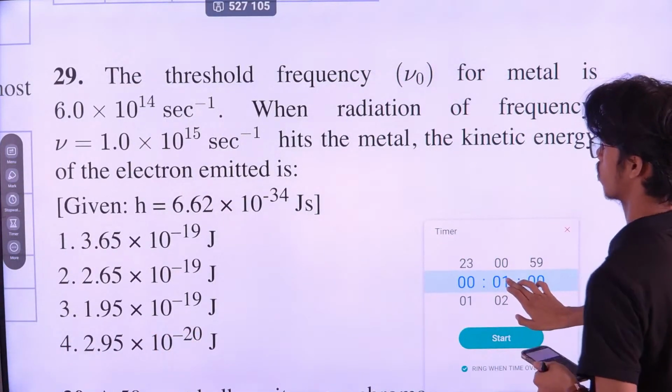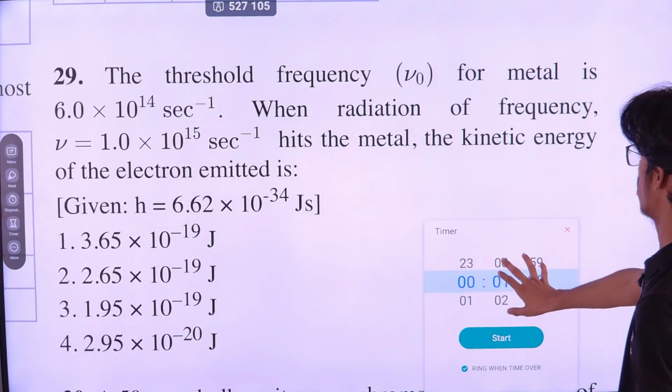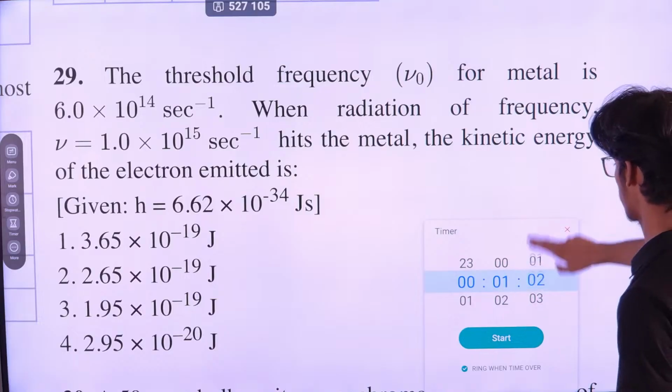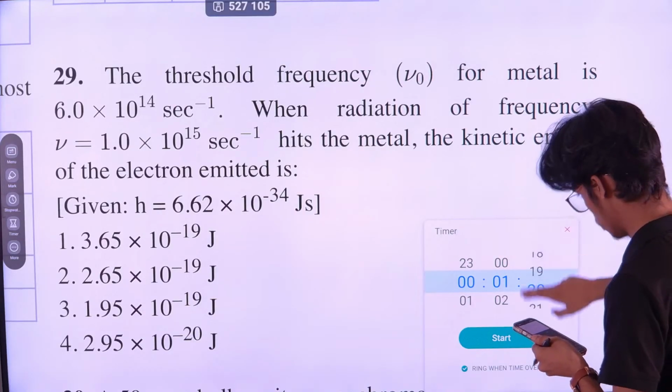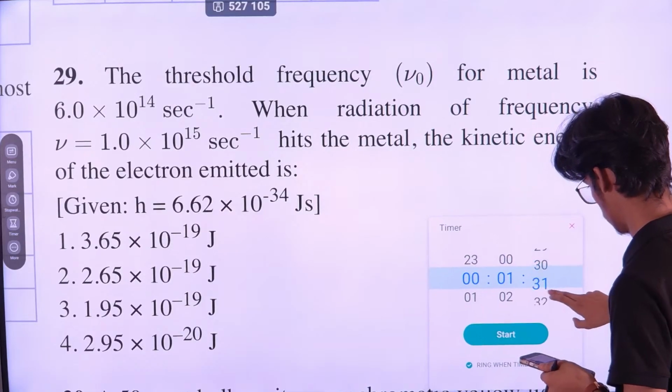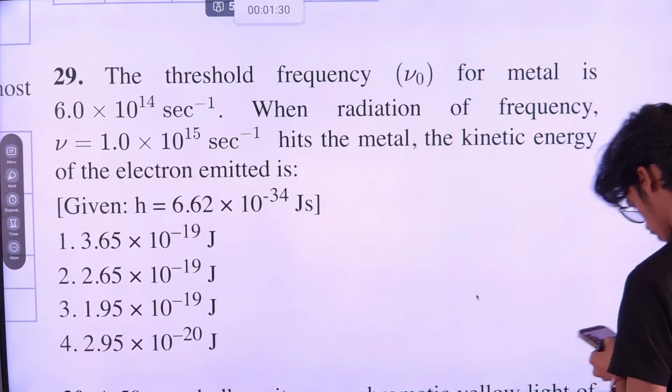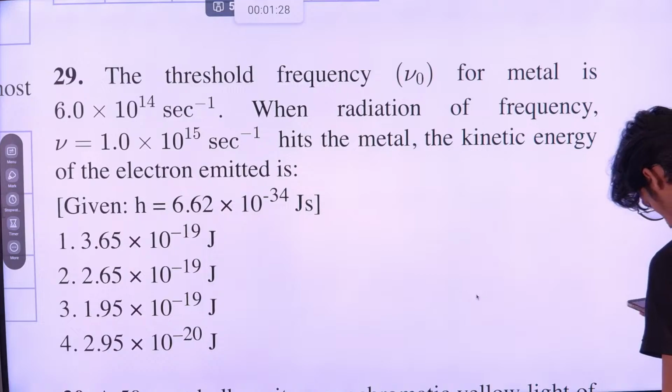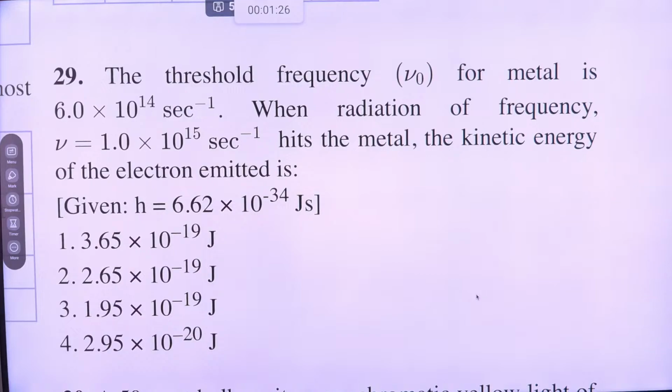Okay, let me see, is this question okay? Okay, this is a calculating question. I'll give you just 30 seconds extra. Good Priya, good Gokul, just try to answer this question. Question number 29. The threshold frequency for the metal is this. When the radiation of the frequency is this, the kinetic energy of the electron emitted is how much?